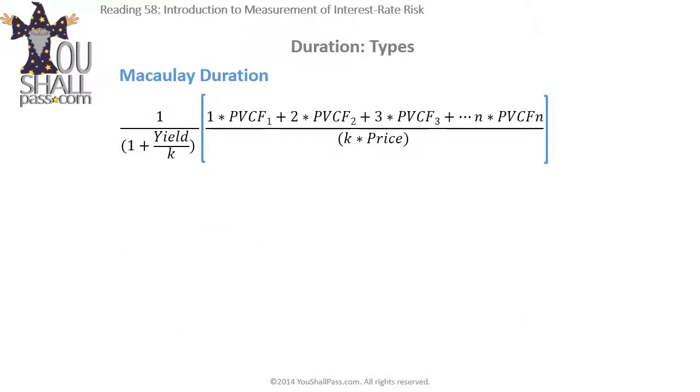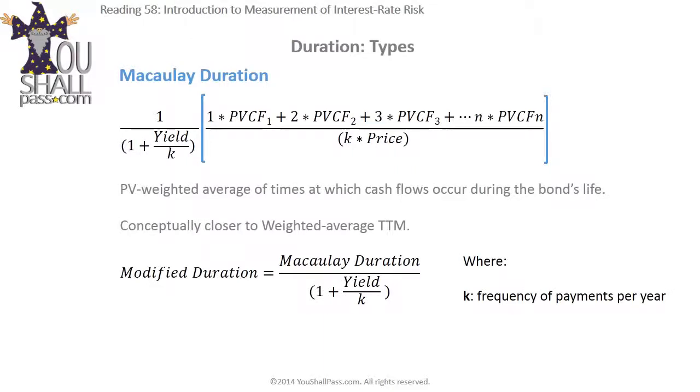The central idea or the theme underlying the Macaulay duration is that it's the present value weighted average of the times at which cash flows occur during the bond's life. And as such, it's conceptually quite close to the weighted average time to maturity.